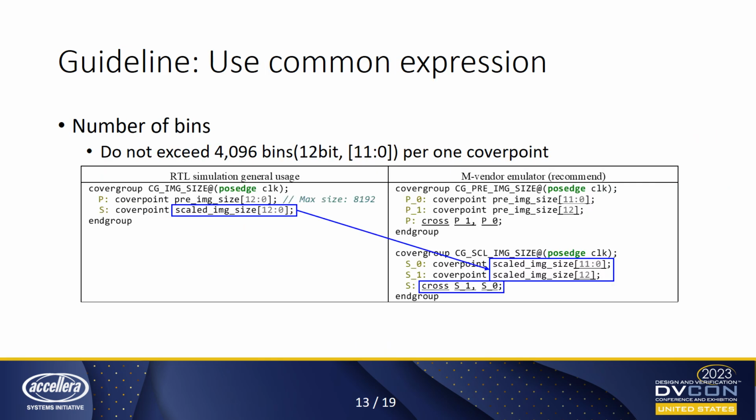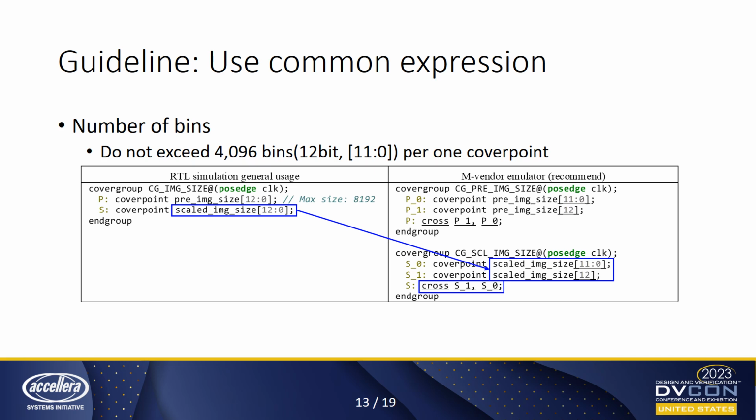Next, I will show you an example of using cross coverage in different emulators. The number of bins per one cover point has a limitation. It cannot exceed 4,096 bins. So if we want to define a cover point having over that number of bins, I recommend you separate the cover point to not exceed the maximum number of bins and make a cross coverage having all the separated cover points.